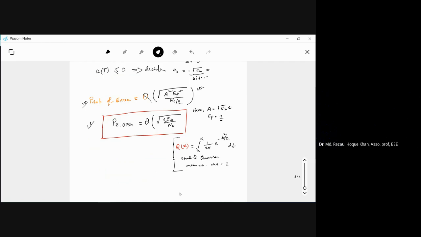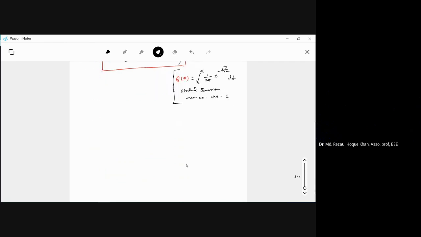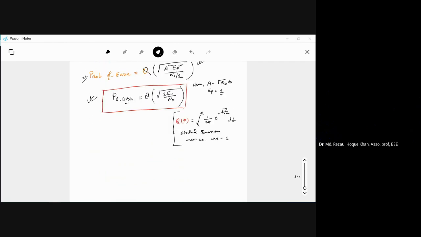So we found that the probability of error for the BPSK scheme is expressed by this equation, the Q function of the square root of 2Eb over N0. The reason I derived this equation is that in your reference book, the Sklar book, these things are not in detail.